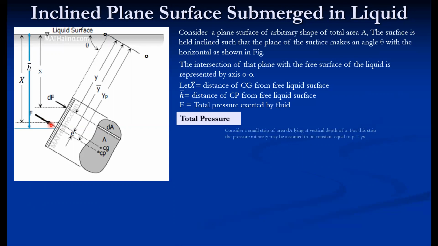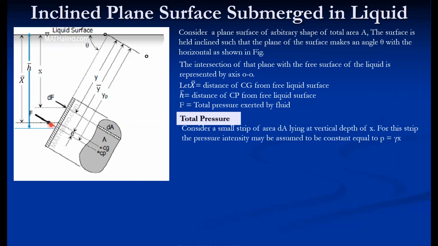In order to calculate the total pressure, because the pressure is not uniform over the entire surface, as per the hydrostatic law, the pressure increases as the depth of that point increases from the free liquid surface. So obviously on the surface, the pressure force is lowest here and the maximum here. So the pressure is not uniform over the entire surface.